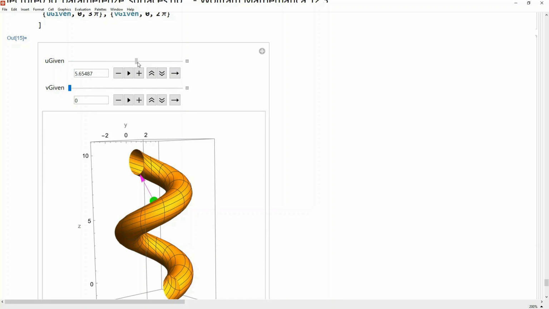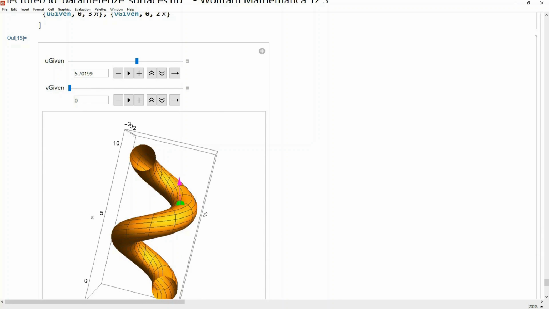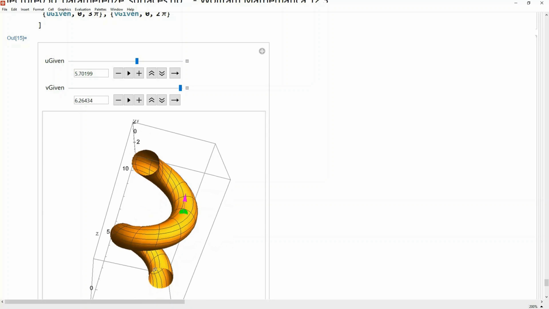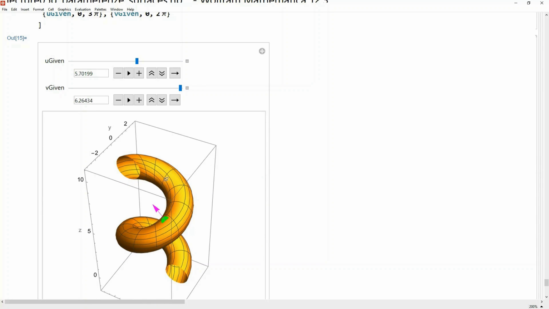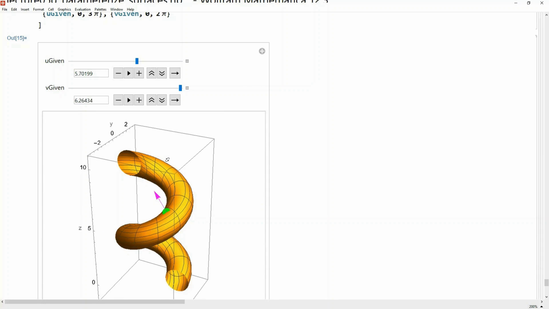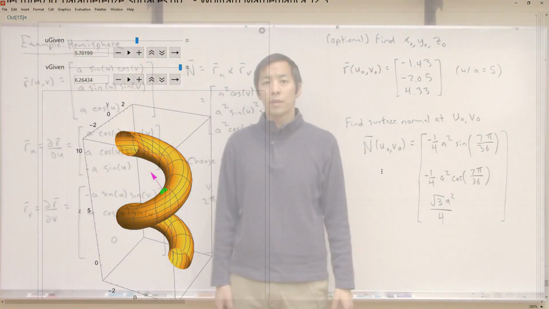And then as V changes, we go around a given location of the tube. So for example, if I change this, look at this. This is great, right? It's basically computing the surface normal at any given location on this surface. So this is a pretty fancy, fun little way to compute surface normals of any arbitrary surface as long as we have its parameterization. So this seems to work out quite nicely.